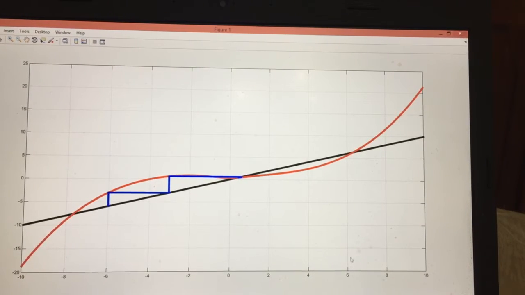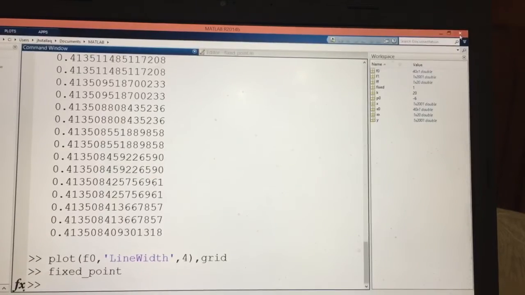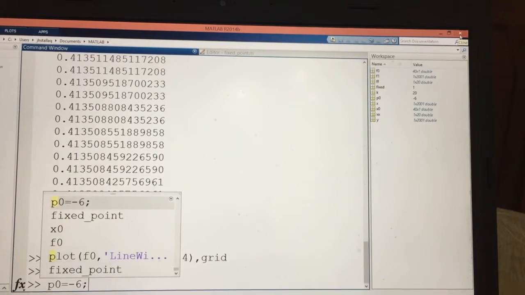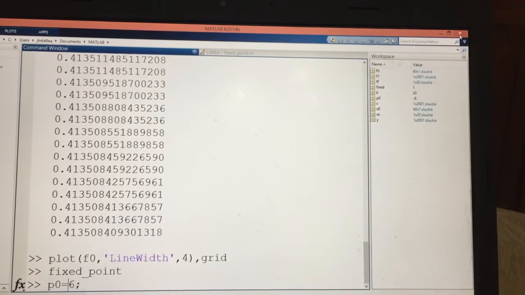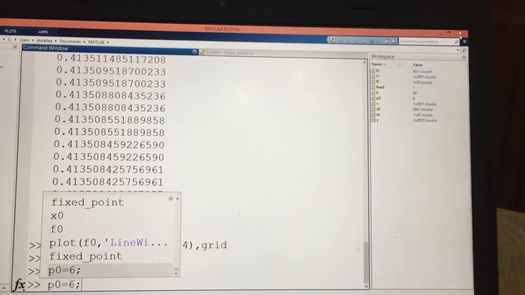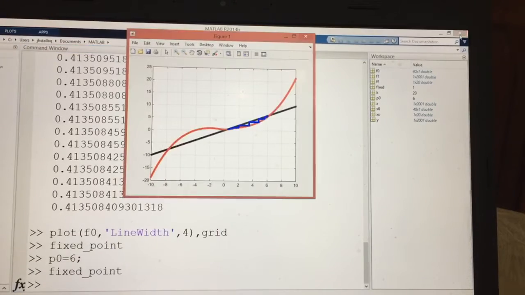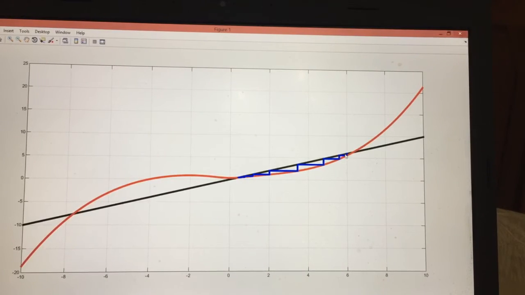Now let's start somewhere, say 6, near that point. You will see that it will converge to this point, it will not go there. Let's start at p naught equal 6, and do the same procedure. You see here, we started at 6.